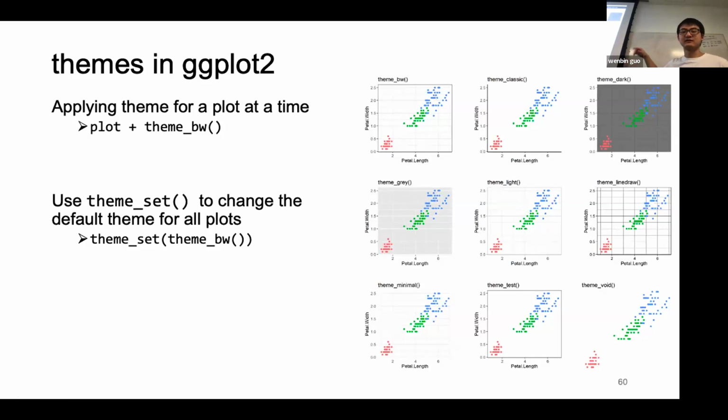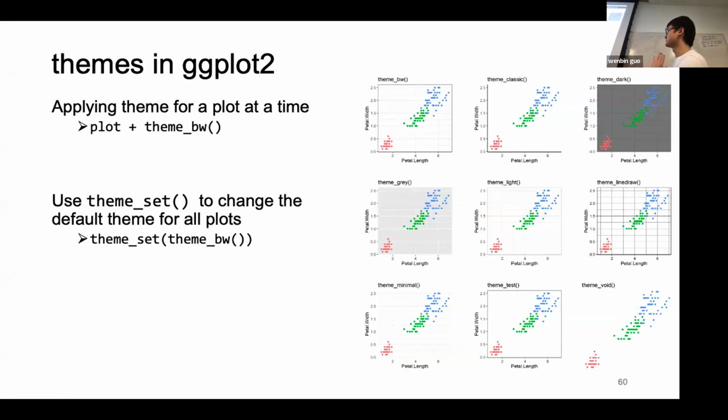BW stands for black and white, so it contains a much cleaner background, and also the reference lines, like horizontal and vertical gray lines. So I think this is my favorite, but you can also use others. If you want to use it, just simply put a plus sign and add theme_bw. Or if you want to change it for all the plots, you can use the theme_set function to do that.